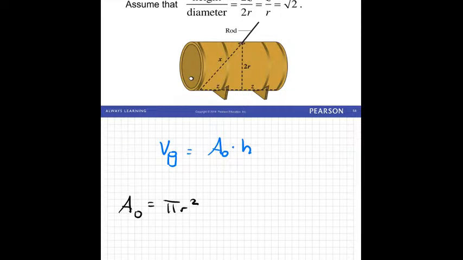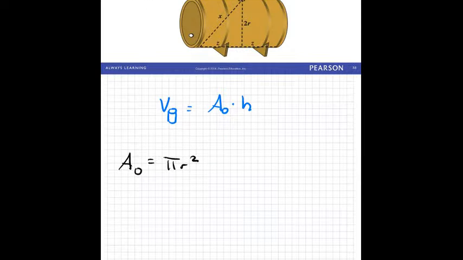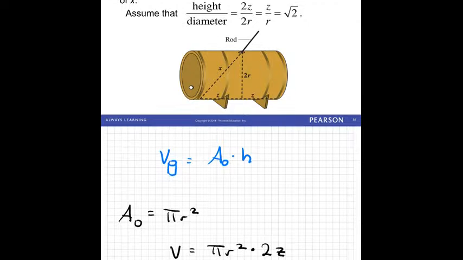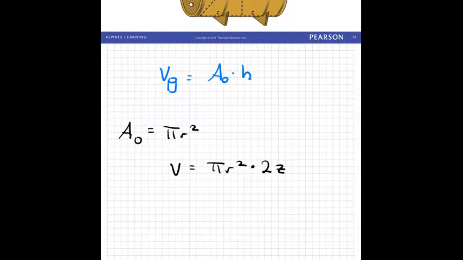If we plug in what we have, the area is pi r squared and the height is 2z. We were also given that z over r is equal to the square root of 2.